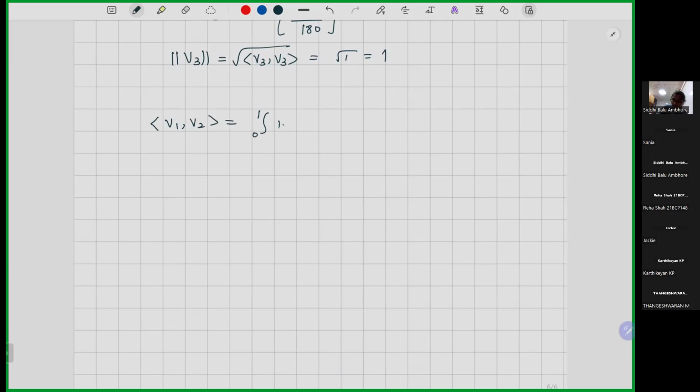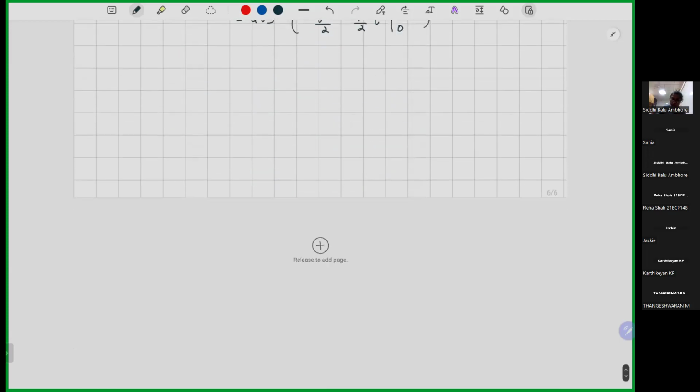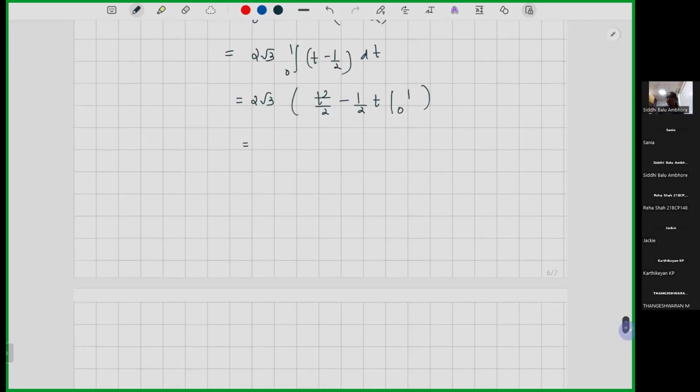So 1 into 2 root 3 x minus 1 by 2, t minus 1 by 2 dt, which is integration 0 to 1 2 root 3, integration 0 to 1 t minus 1 by 2 dt, which is 2 root 3 t square by 2 minus 1 by 2 t from 0 to 1, which is 2 root 3 into 1 by 2 minus 1 by 2, which is 0.